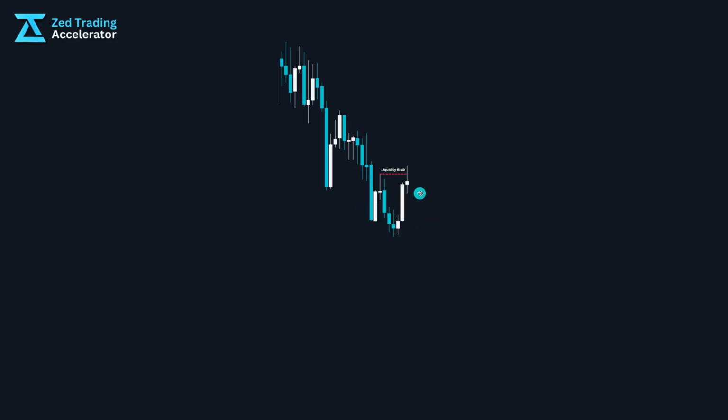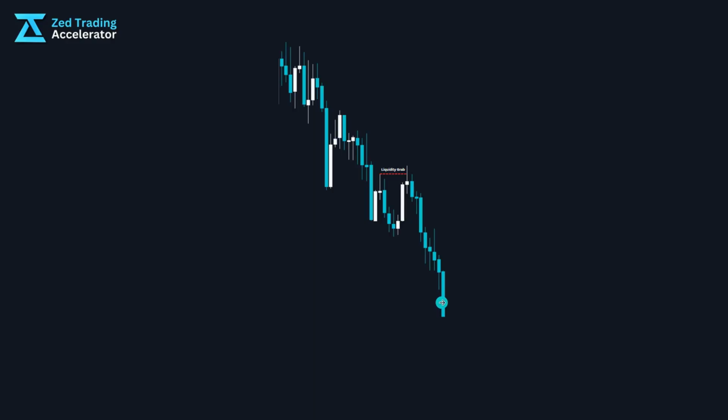As we already know, a market structure shift should have a candle body close with displacement, alright? So let's see what the price will do. And as we can see, it continued lower, alright?